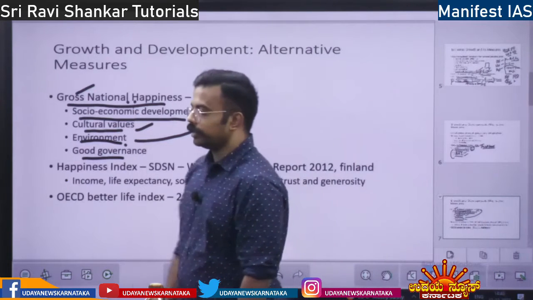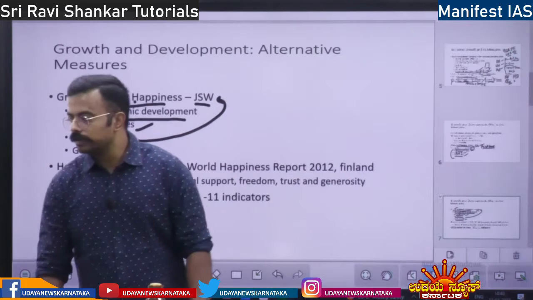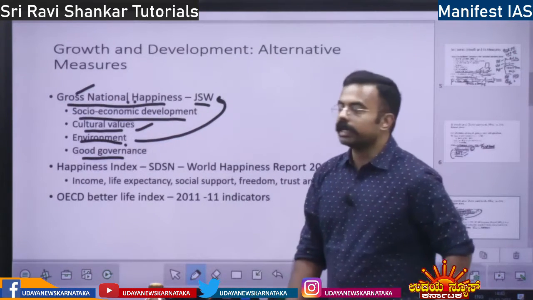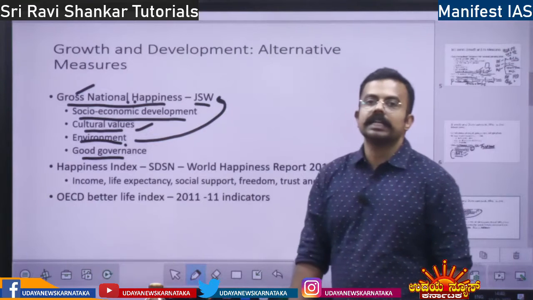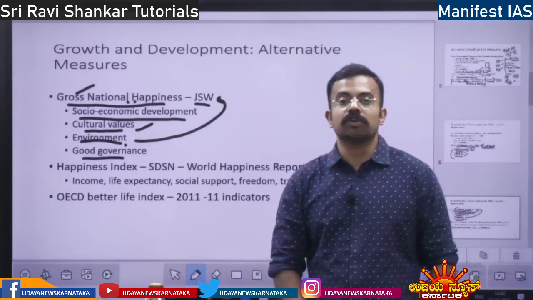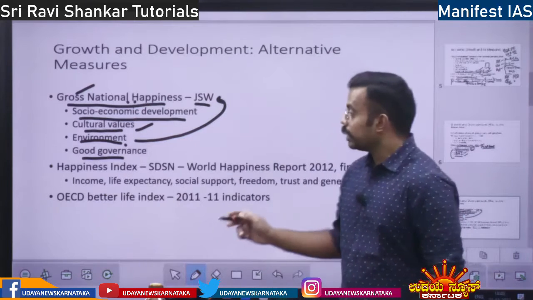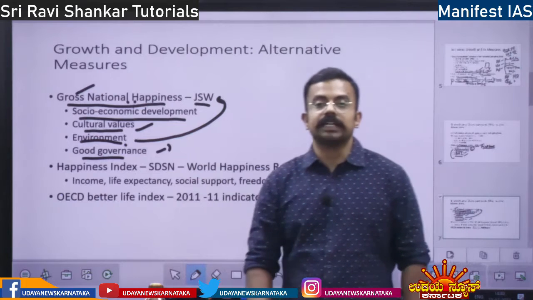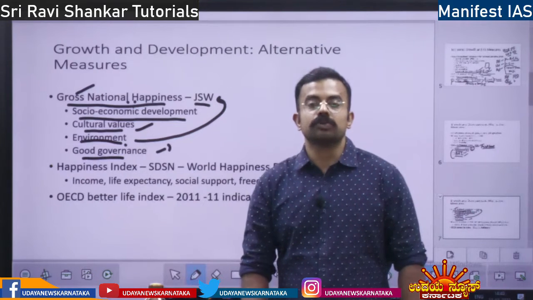December 25th, on the birthday of Atal Bihari Vajpayee. So good governance means when there is no corruption, when there is zero corruption, when government services are given effectively, there is no time delay, there is quality service.